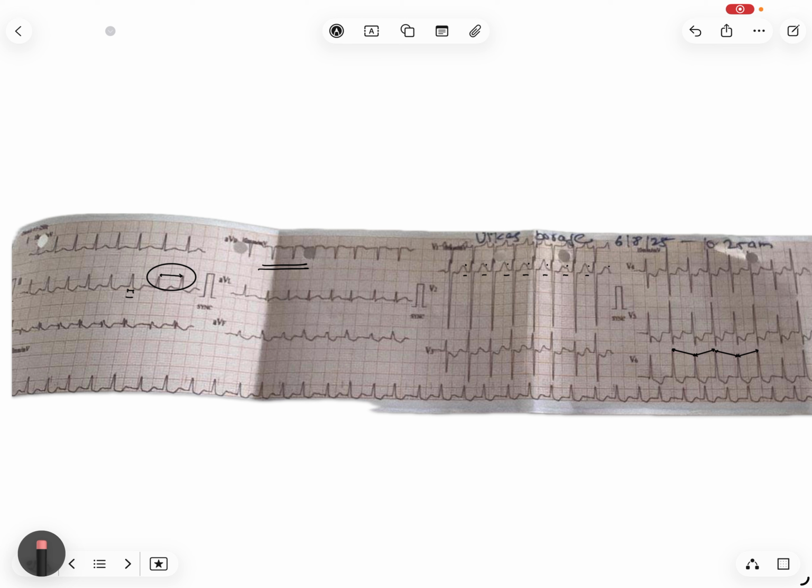So here, what could be the cause for stress on the LV myocardium? One could be LVH. The S waves in V2 are very deep and V5 also shows quite significant R waves. But also the tachycardia.